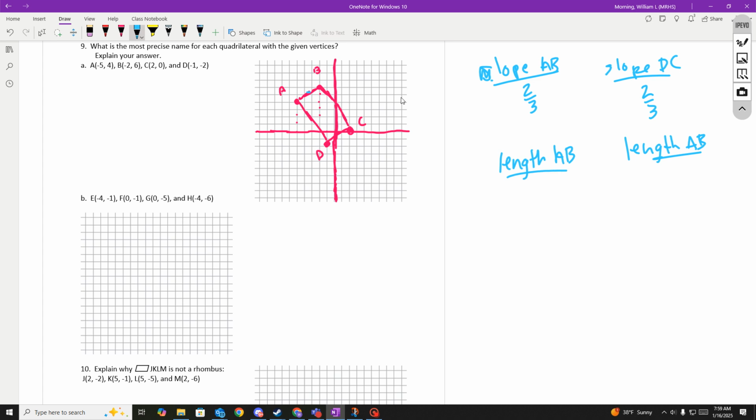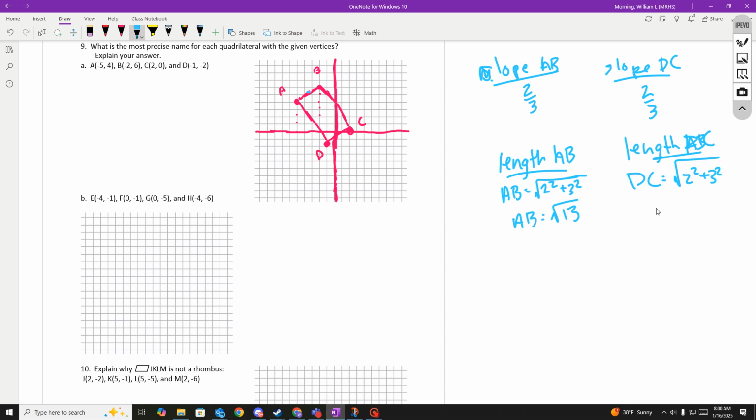Okay, so AB is the square root of 2 squared plus 3 squared. Oh, sorry, that's DC. DC is the exact same thing, 2 squared plus 3 squared. So AB is equal to 4 plus 9, 13, square root of 13.